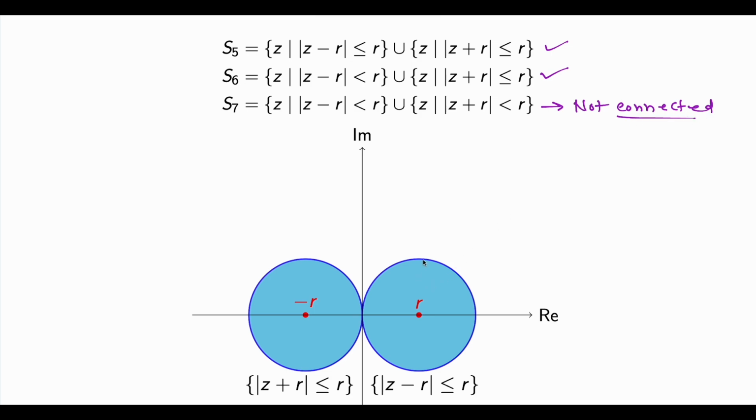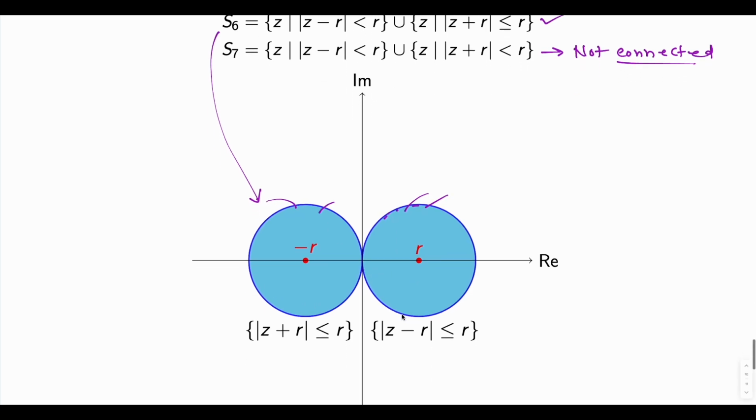Because if you see the first set, the boundaries are the blue line, right? Both boundaries are included. If we remove one of the boundaries from here, then it will become the S6 set, right? Blue borders are removed. Still this is connected. But if we remove both the blue boundaries from this set, then this set is no longer connected.